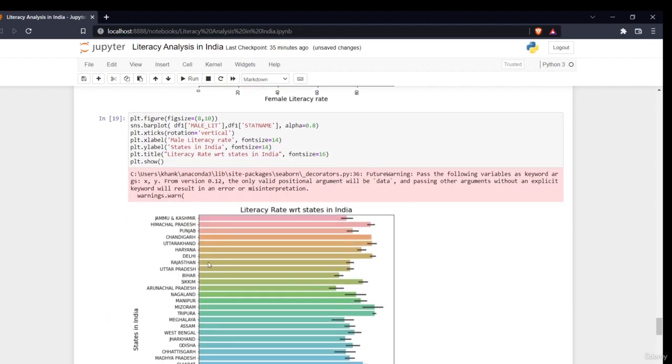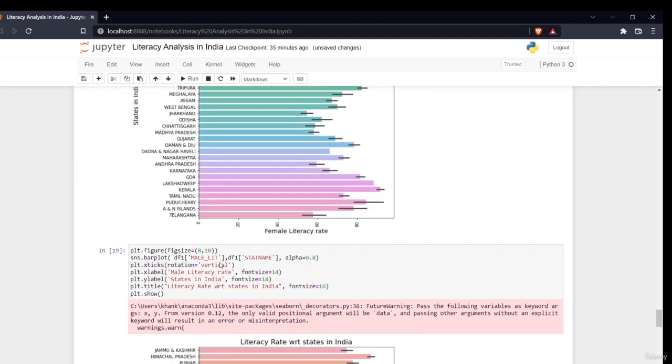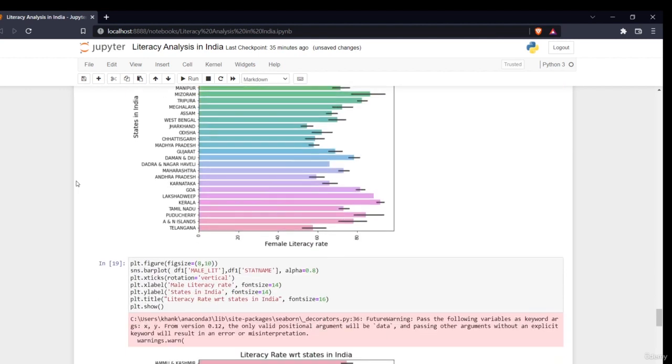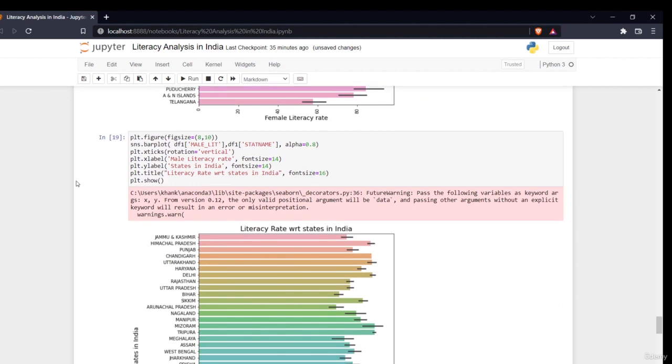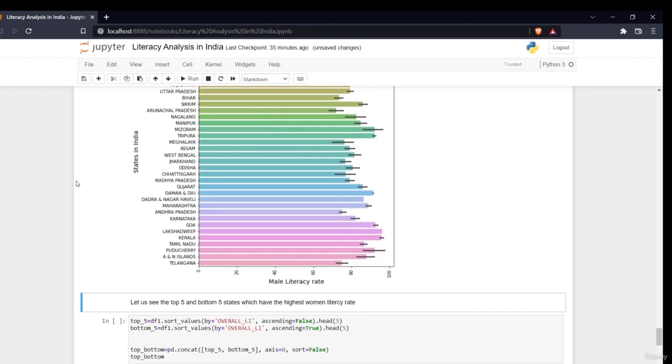When we see the male literacy rate, Rajasthan and Uttar Pradesh are around 70%, but they have a very low female literacy rate, around 55 to 60%. So this shows the backwardness of these states in terms of female literacy. We can see that in these states females are not yet encouraged to study more, or they are taken a step back. That can be the reason.